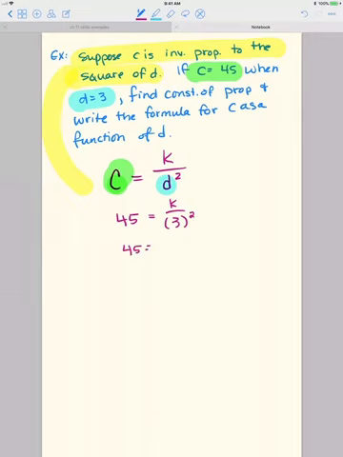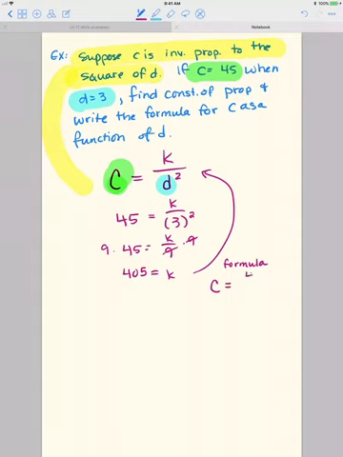Maintain order of operations, and you'll get K over 9, and then multiply both sides by 9 to solve for K, and you get that K is a nice 405. So putting that back into our equation gives us our formula for C in terms of D as C equals 405 over D squared.